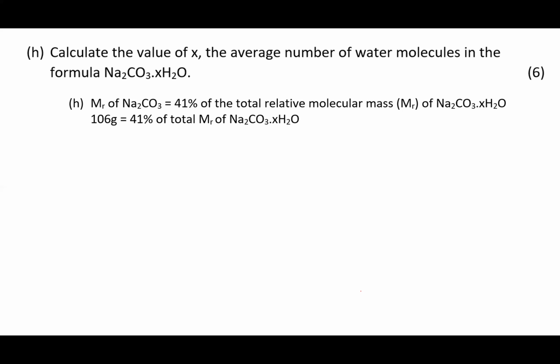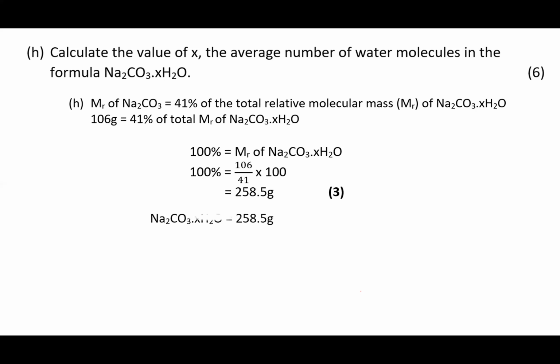So 106 grams is equal to 41% of the total relative molecular mass of the full molecule. So again, you get 100%. So 106 divided by 41 and multiplied by 100, you get 258.5 grams. Okay, so Na2CO3 XH2O is equal to 258.5.